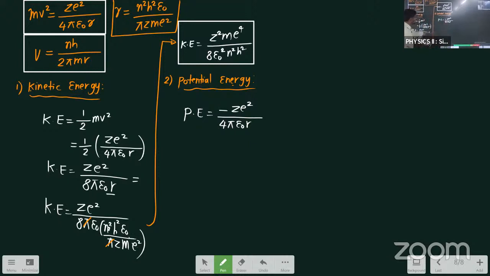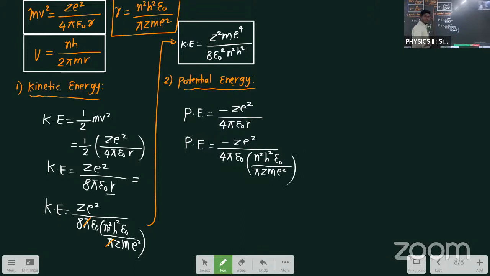If I substitute the value of r here also, potential energy is equal to minus Ze square divided by 4 pi epsilon naught, and the value of r is n square h square epsilon naught divided by pi z m e square.